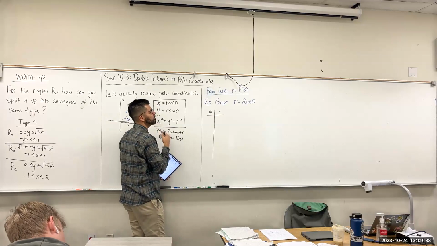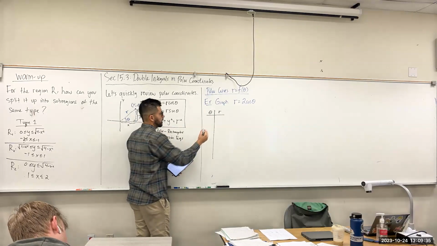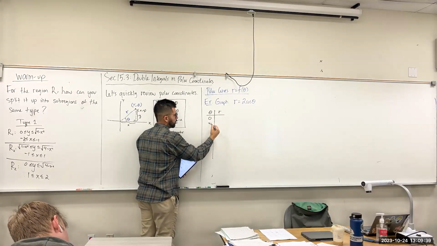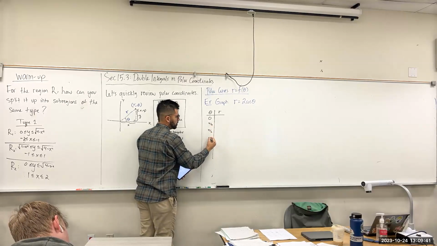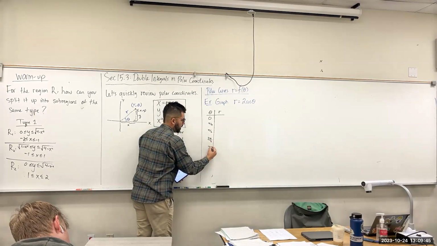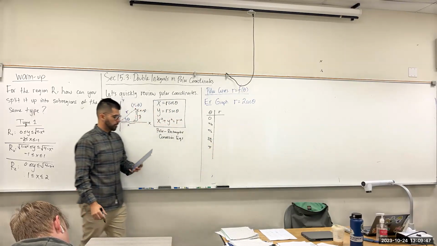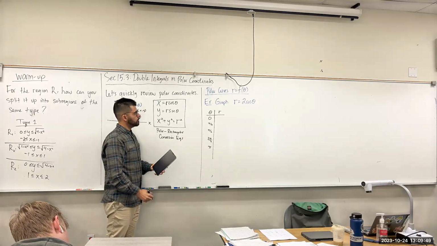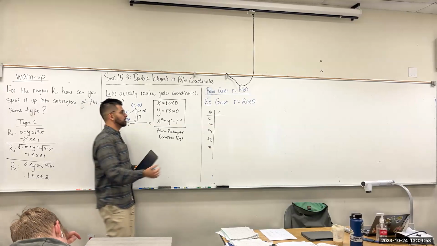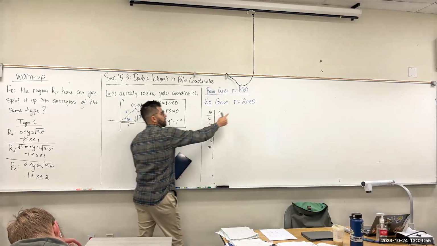Because we're used to the special angles, let's just do a few special angles. Let's do 0, pi over 4, pi over 2, 3 pi over 4, and then pi. Let's just do those for now. So you plug in 0 into cosine.